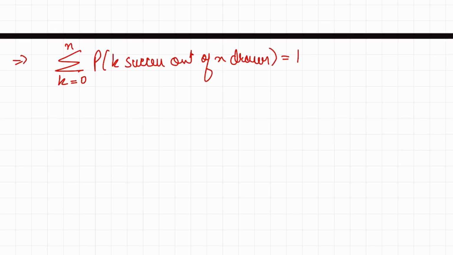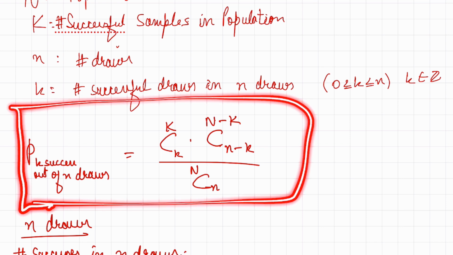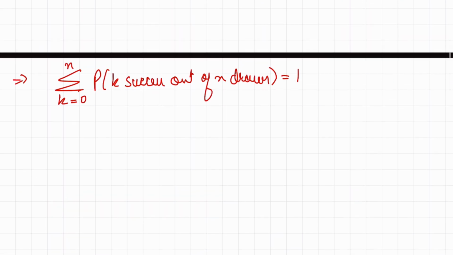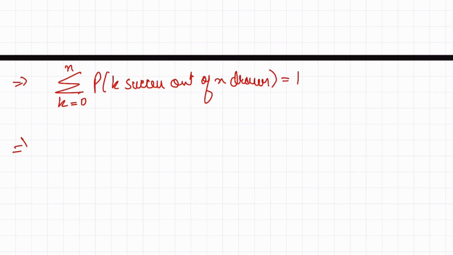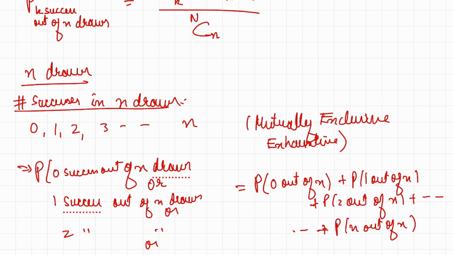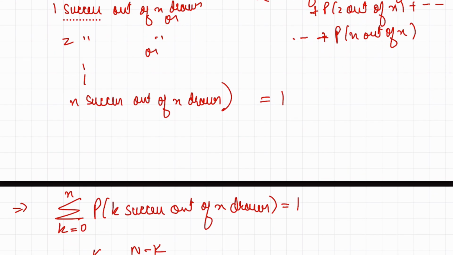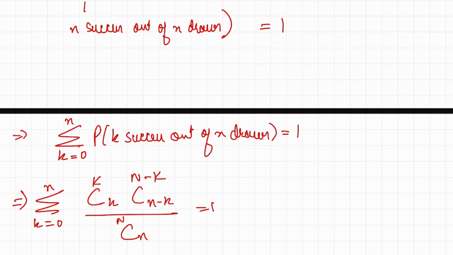And now if you start applying the formula of probability, which we computed here, we can quickly find a property, which is sigma k equals 0 to n, kCk times n minus k C n minus k, over nCn, is equal to 1. If you simply substitute the probability formula from a hypergeometric distribution, which you can find right here. This was for k successes out of n draws, and now we're just capturing all the possible successes that we can have out of n draws.